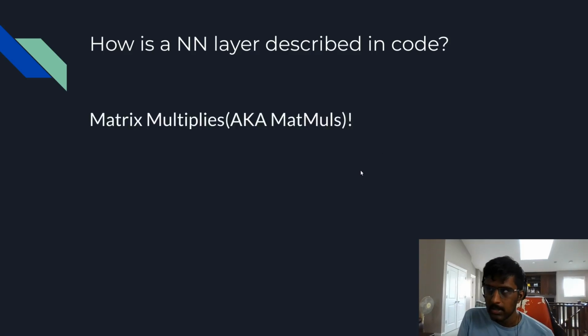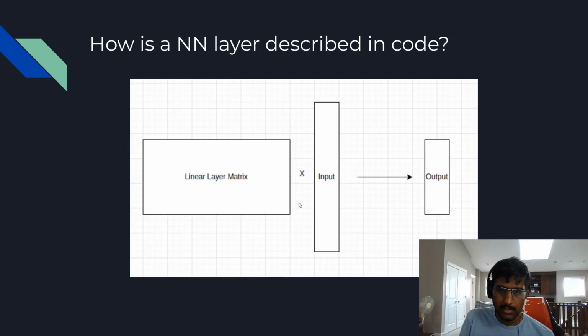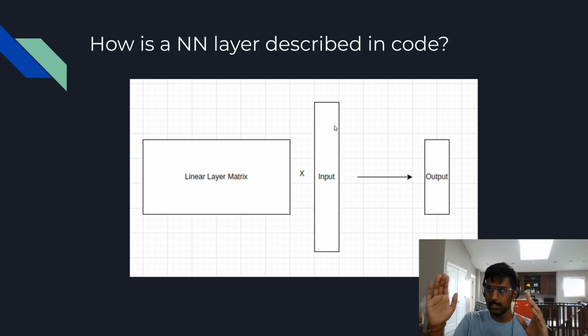Effectively, you have your input to a linear layer, and then you do a matrix multiply with a matrix, and you get an output. The input will multiply each of its elements with each of the elements in the top row of the matrix and then add them all together, and you get the output.